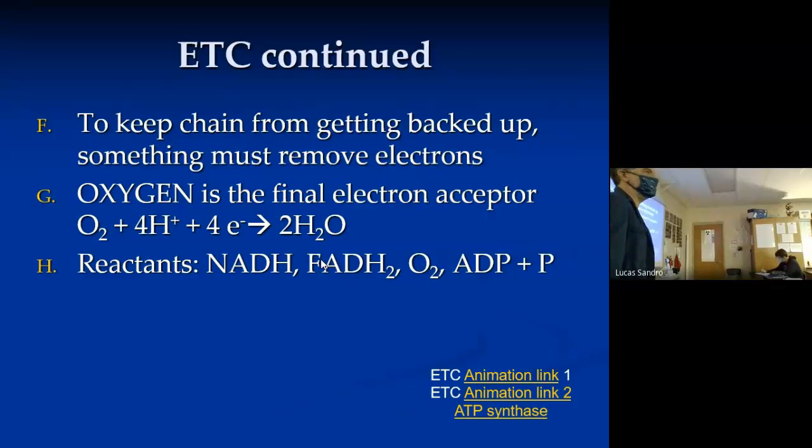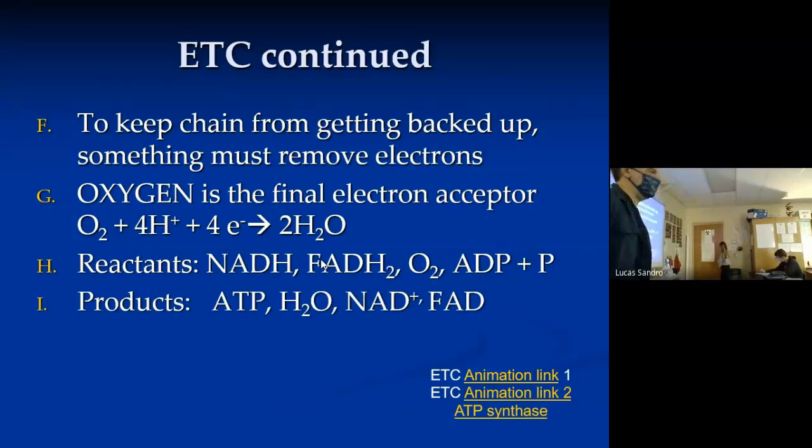Oxygen, our electron receiver. And of course, a lot of ADP plus P to make those 32 ATPs. Products, tons of ATP. Water, which makes more sense this time because it is the product of the oxygen grabbing the electrons and protons, and then the used up versions of the electron carriers.